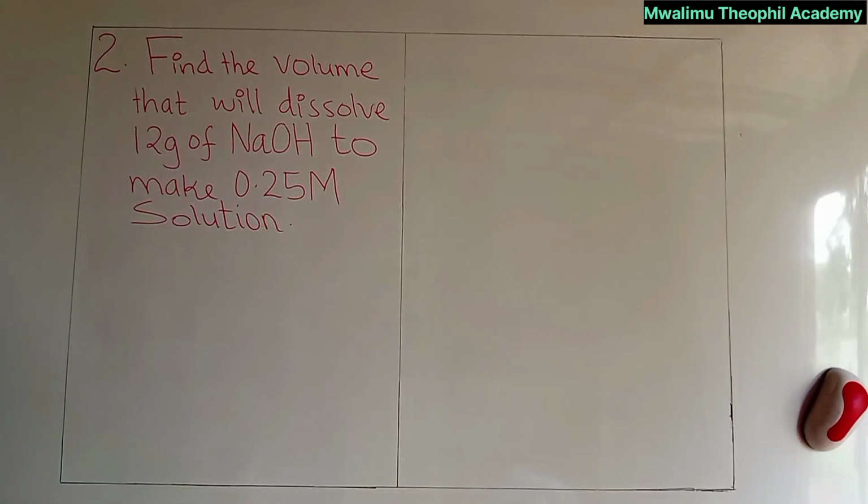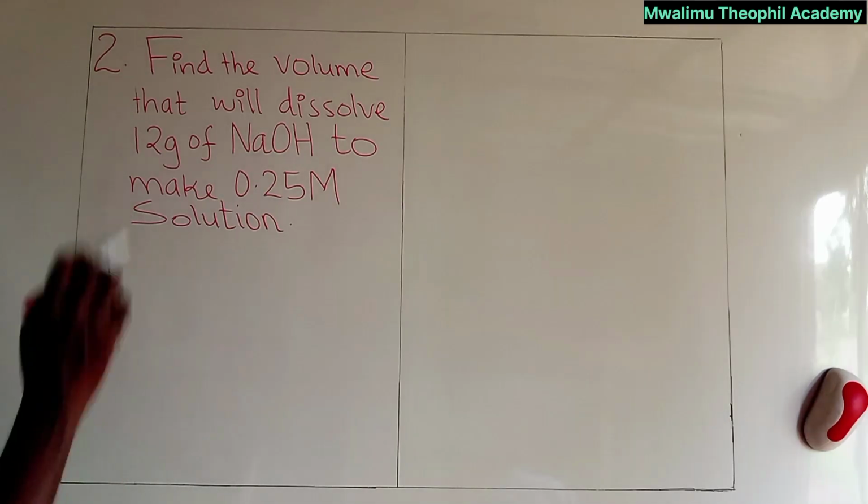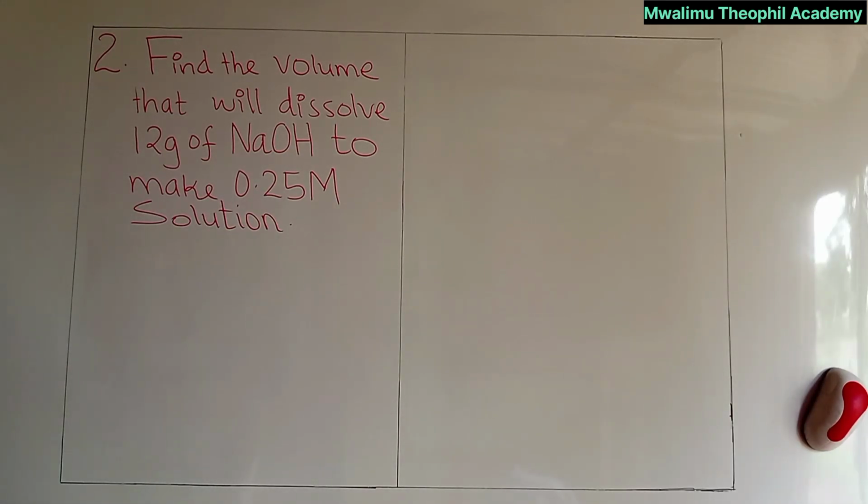The second example states: find the volume that will dissolve 12 grams of sodium hydroxide to make a solution having the molarity of 0.25. As usual, you have to know that the molarity of the solution is equal to the number of moles over volume.